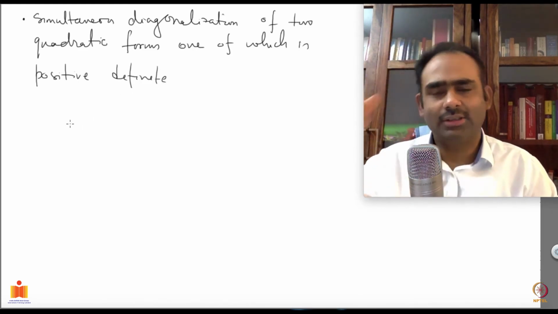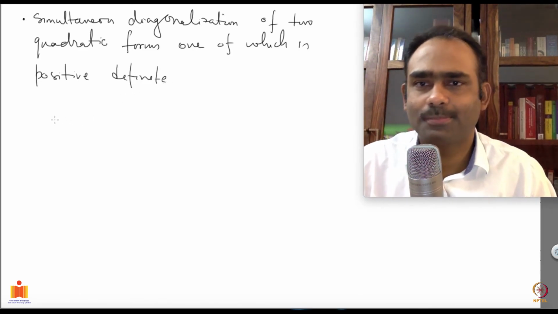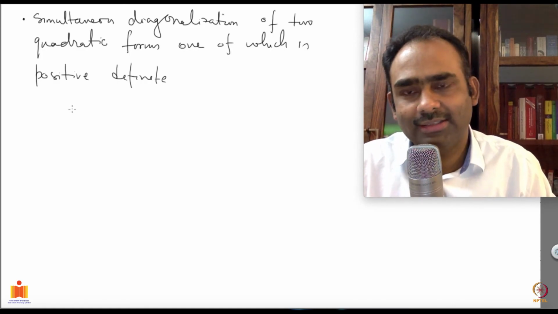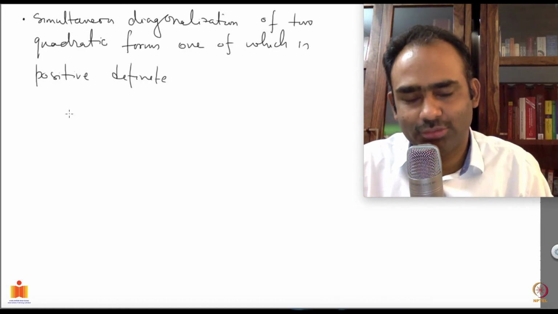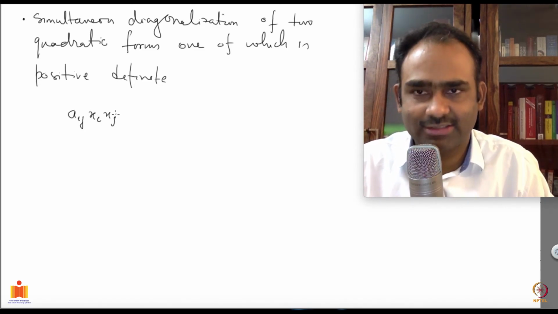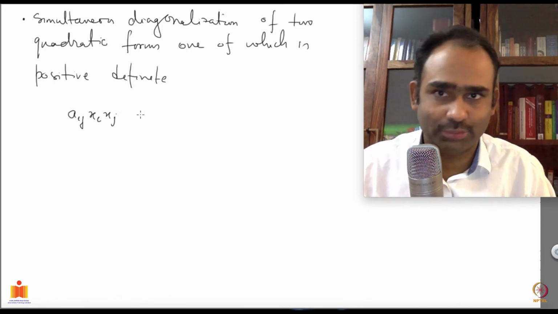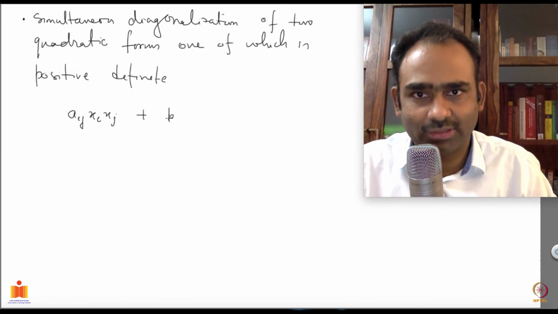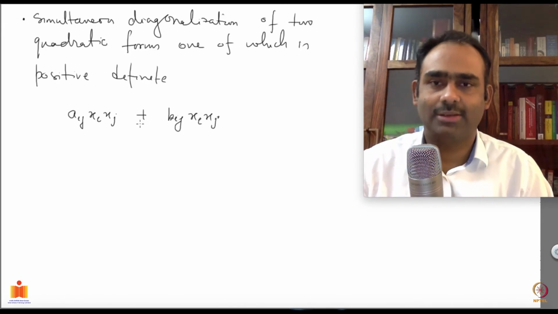Let's say you are given two quadratic forms: the sum of a_ij x_i x_j, where there is a summation over i and j running from 1 to n, plus another quadratic form, b_ij x_i x_j, again with summation.